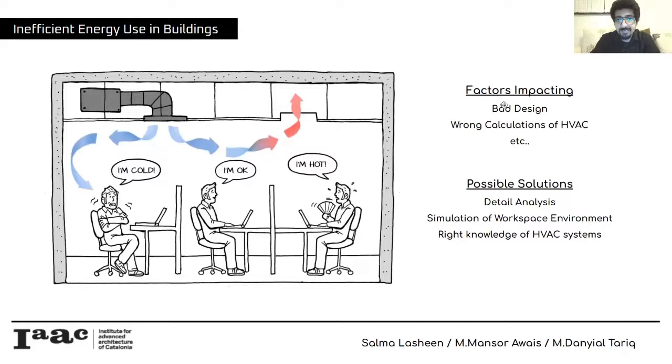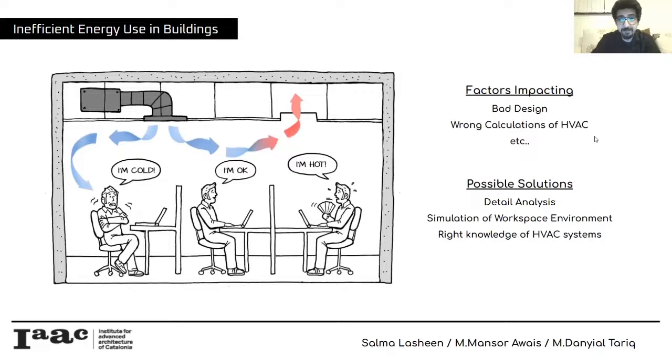At the same time, we are talking about the building sector, which is utilizing a lot of energy to keep the balance in thermal comfort. But at the same time, there's inefficient use of this in buildings.